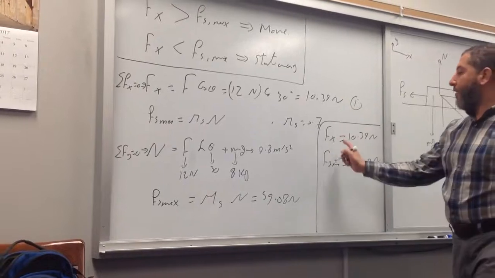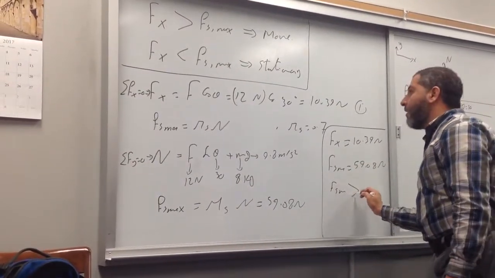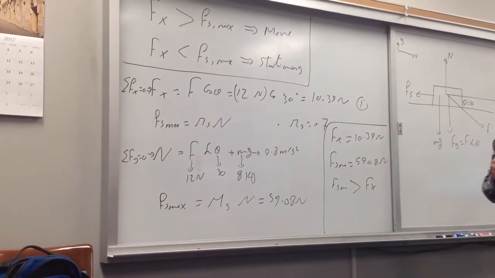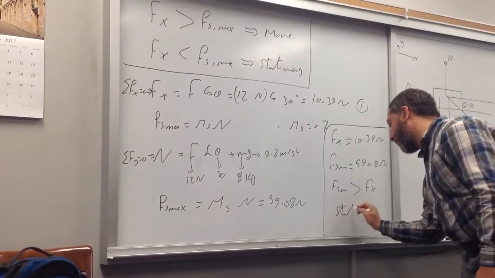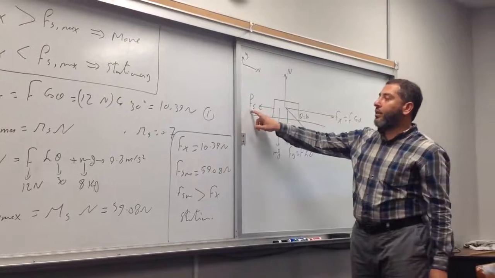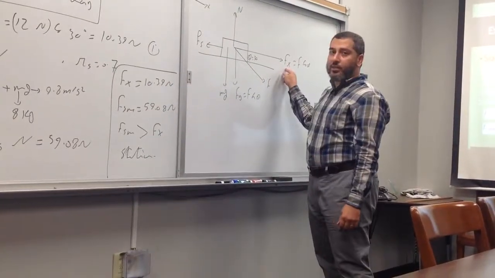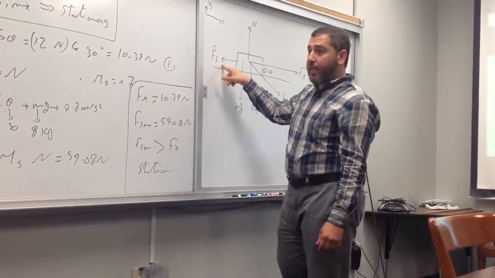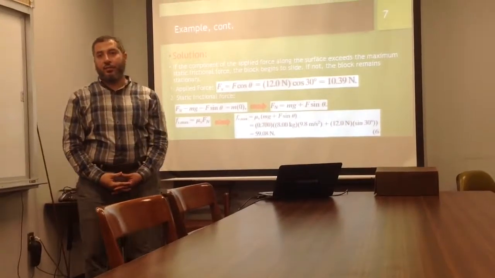So since fs maximum is greater than Fx, that means the object will remain stationary. And in this case, the stationary frictional force is equal to Fx. So the maximum has not been reached yet. In this way, the object will remain stationary. Thank you.